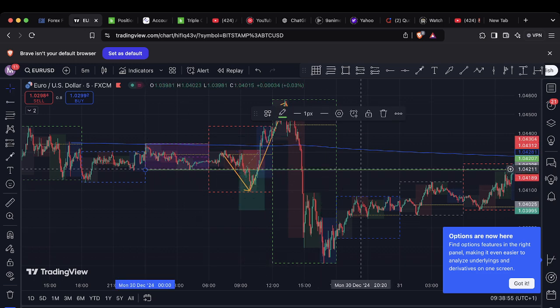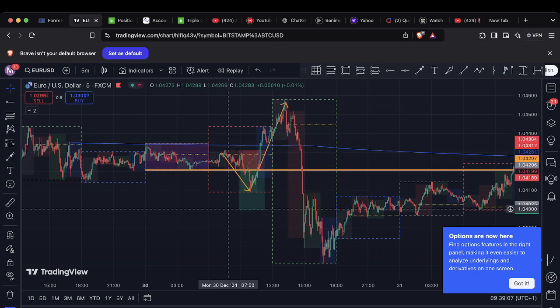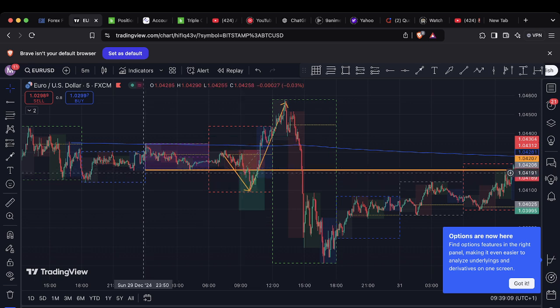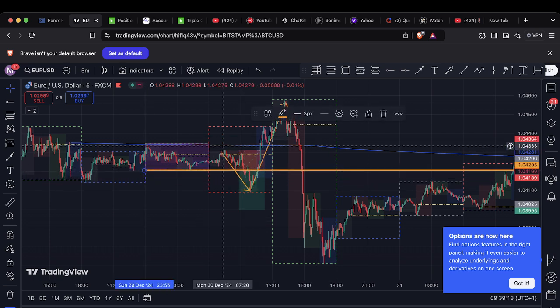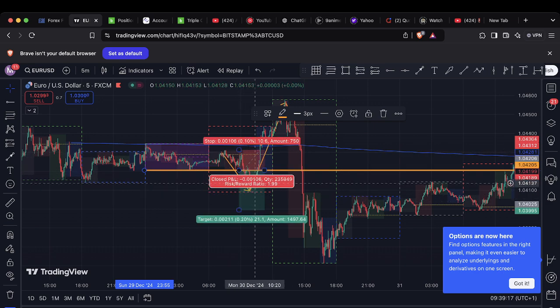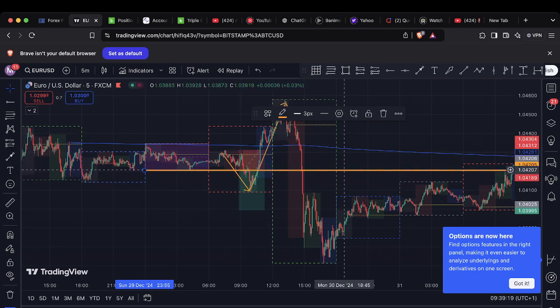Let me make this an orange line, I'll make it bolder. So you see that orange line there, the low of the accumulation, the market came down, took it, that's the manipulation there, then the market went and reversed after that.